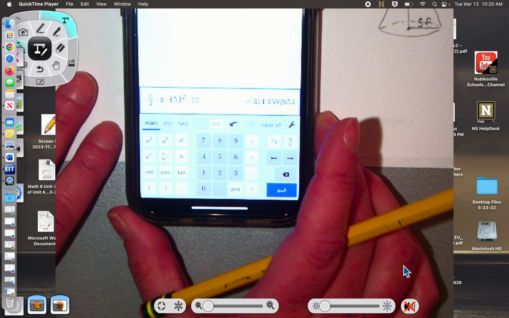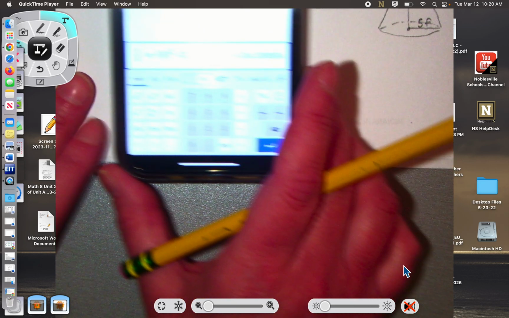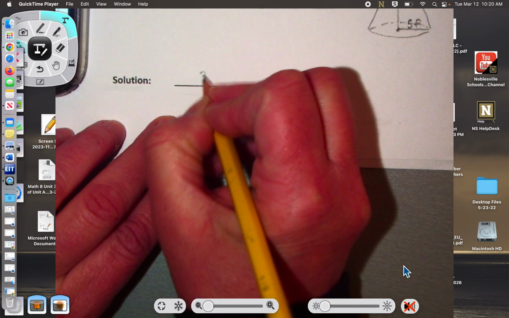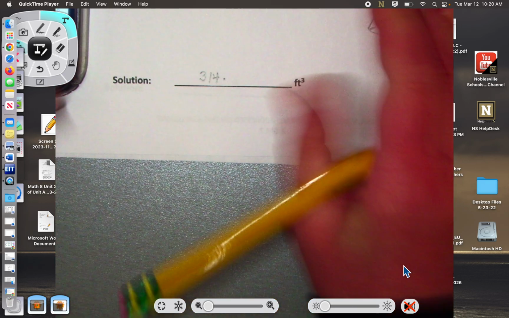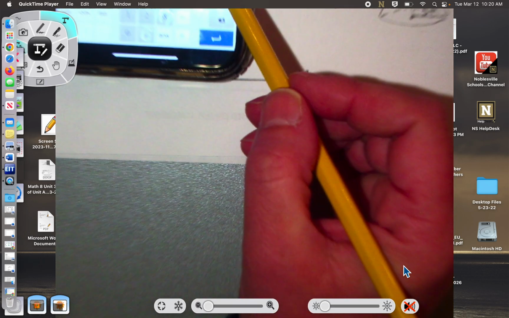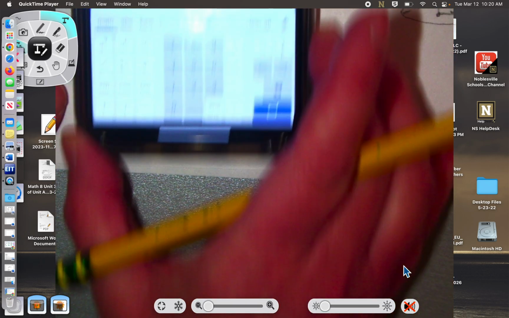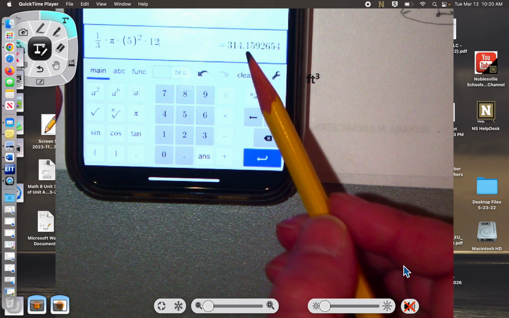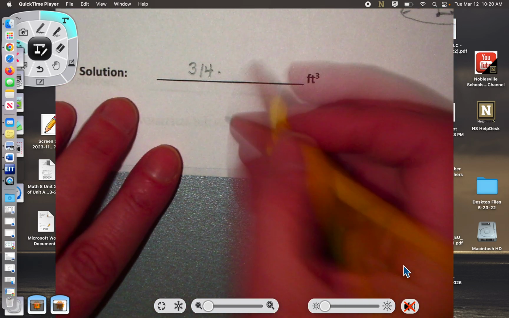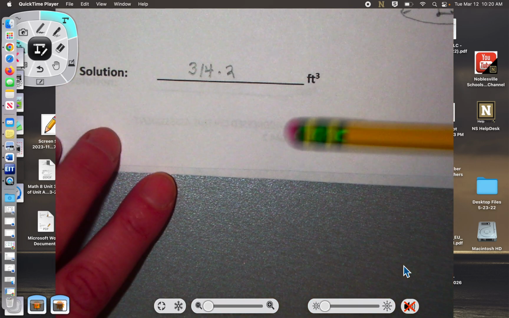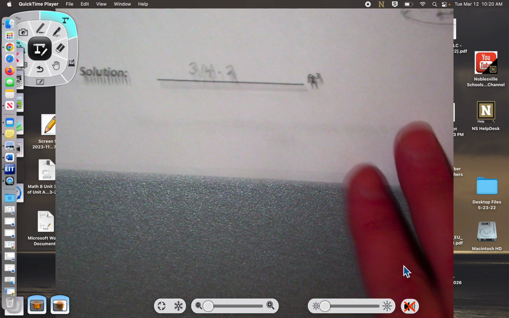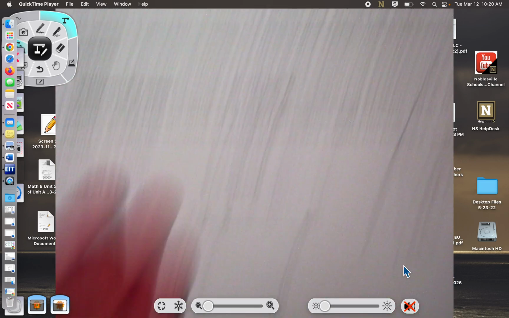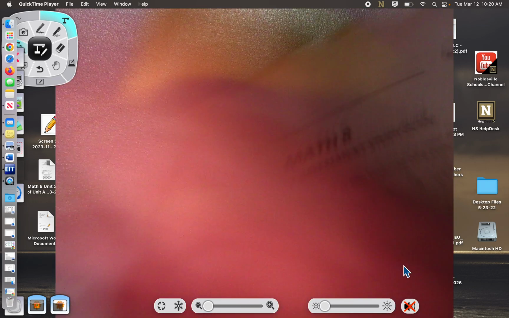I know you can't see it because the glare is really weird, but it's 314 point. When I zoom in, you can see I have a 1 and then a 5, right? Because this is a 5, I'm going to round this 1 up to 2. So 314.2 feet cubed. So again, all you have to know is where to put the numbers and then use your calculator. I promise you the quiz is going to be just that easy.